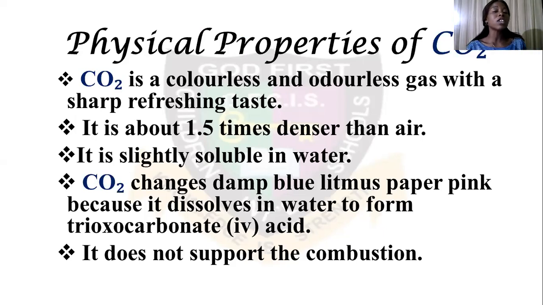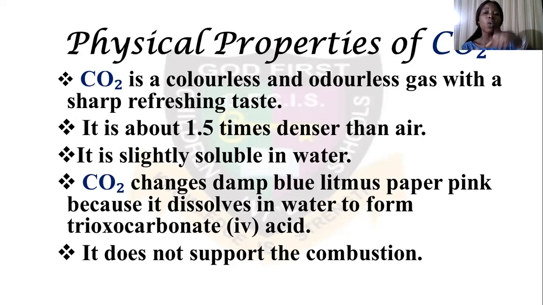Now, remember when we were talking about acid base, we said that acids turn blue litmus red. Now, carbon 4 oxide is an acidic oxide because when you dissolve it in water, it will form trioxocarbonate 4 acid. That's why the blue litmus paper is damp, the dampness is water.